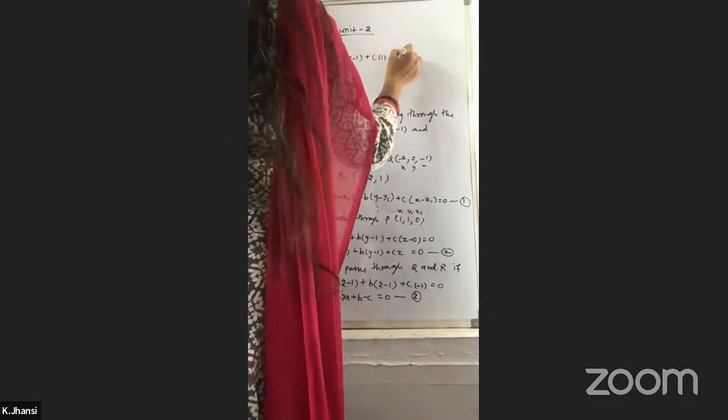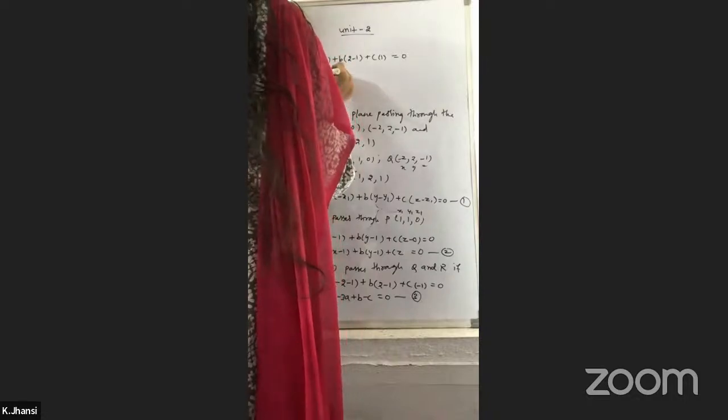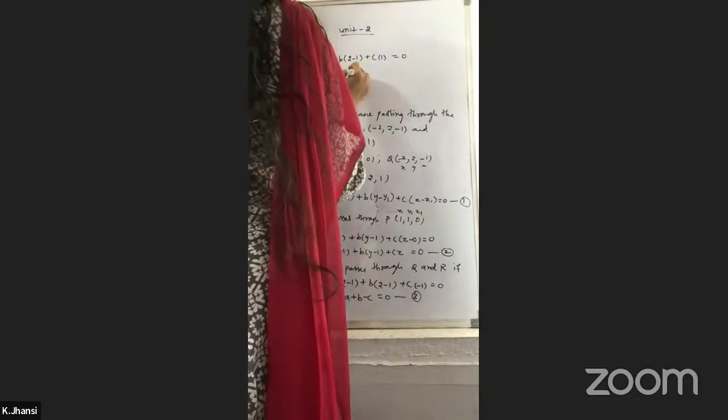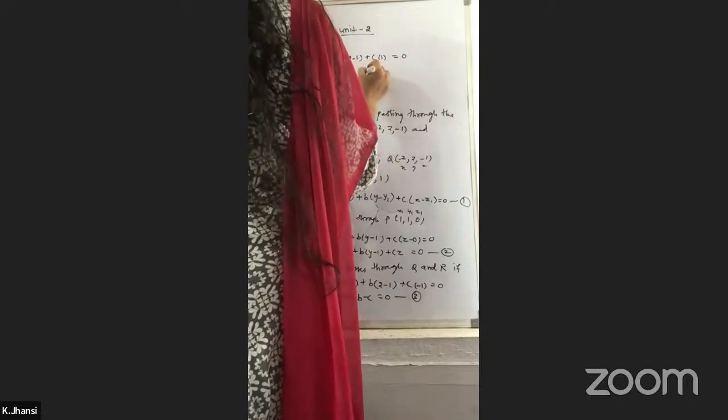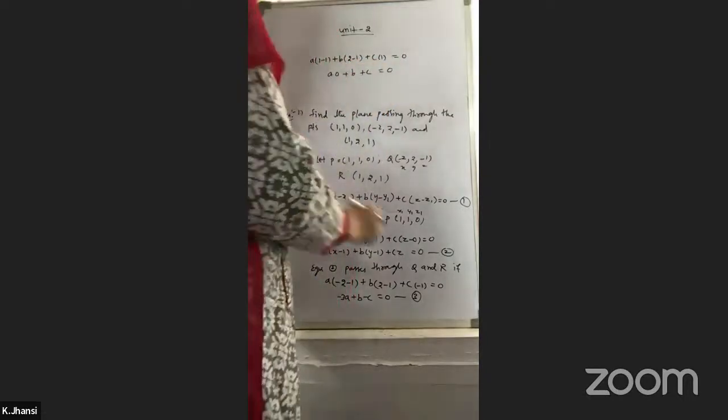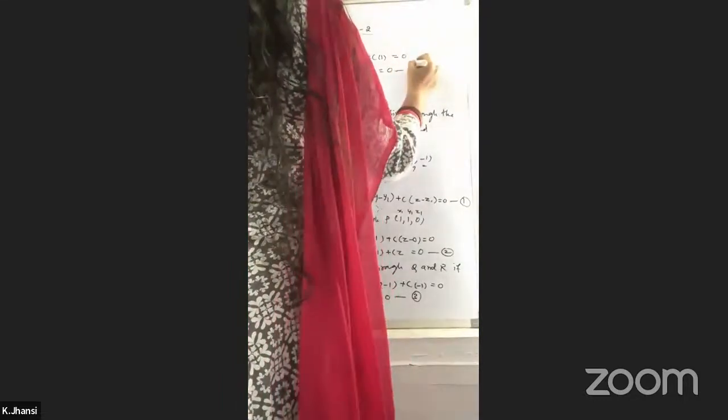So a into 0, plus b into 1, so b + c = 0. Okay, this is the fourth equation.